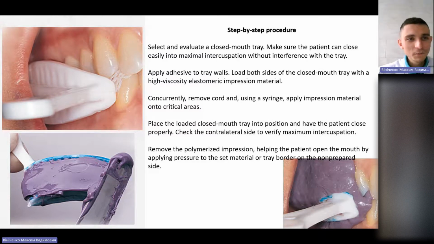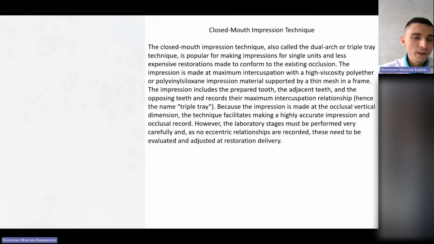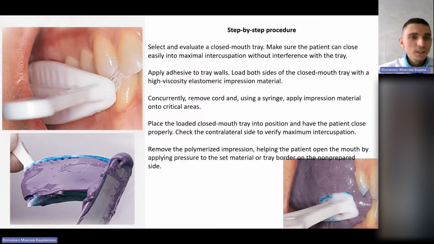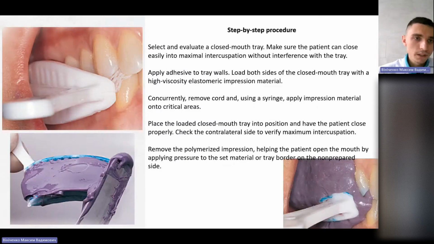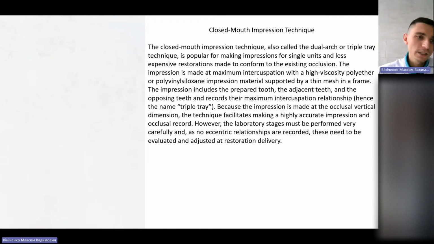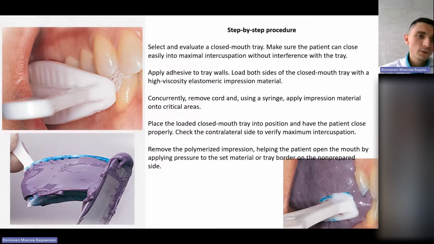If you don't want to make the impression from the upper jaw and the lower jaw and make these bite blocks, you can use this closed mouth impression technique. But you understand, if you have, for example, a total mouth to make a lot of crowns, you couldn't use this impression technique. It is only if you have to make, for example, one crown, one small prosthesis, that you can use this technique.